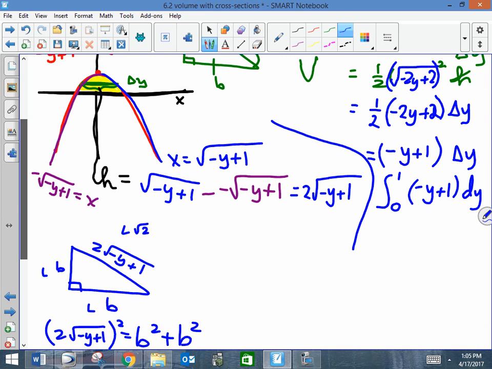Why is it 0 to 1 if you are using both sides? Well, because that's the bottom y and that's the top y. In terms of y, bottom, top. Y is this way, X is this way. And you can throw this in your calculator, I do not care. It's 1.